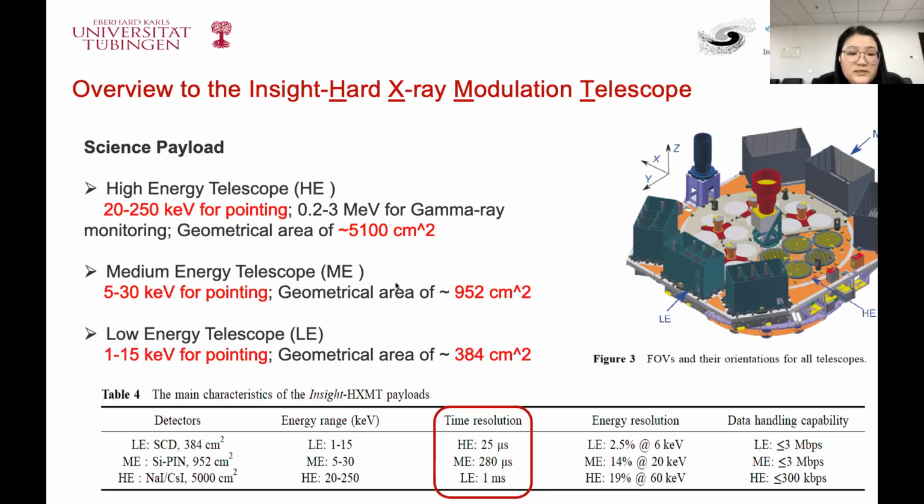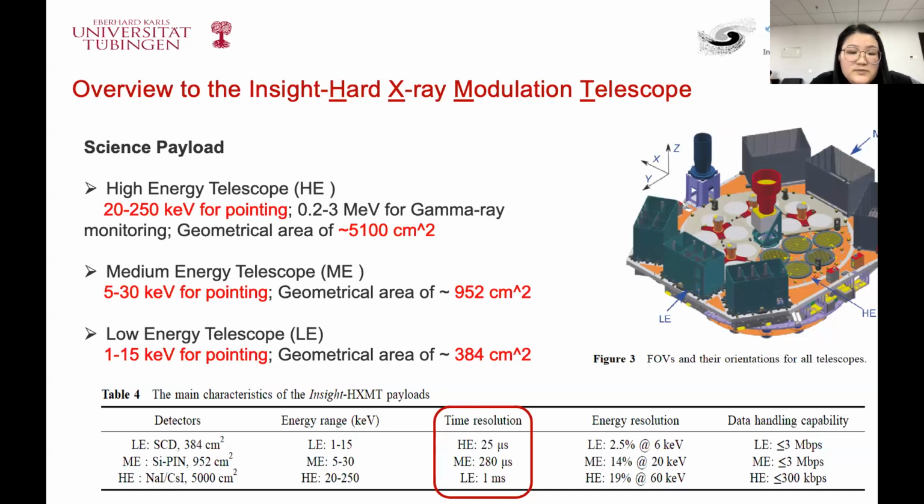The second one is a medium energy telescope. It has a 5 to 30 keV range for the pointing mode, and it has an area of about 1,000 square centimeters. And the last one, the low energy telescope, has 1 to 15 keV for pointing, and it has the lowest area of about 400 square centimeters.